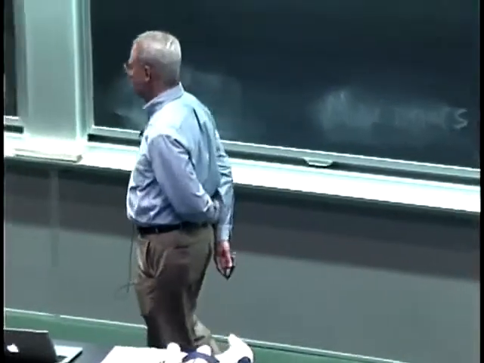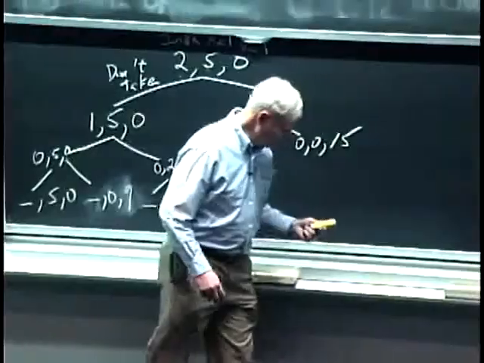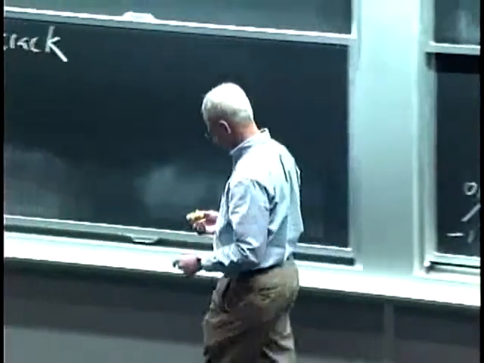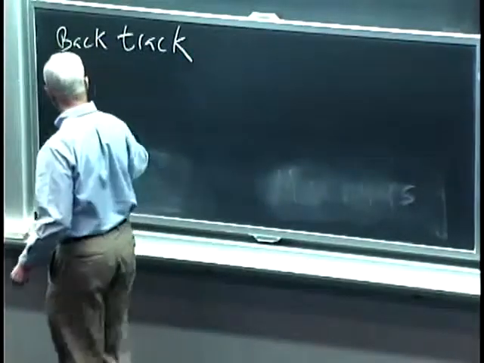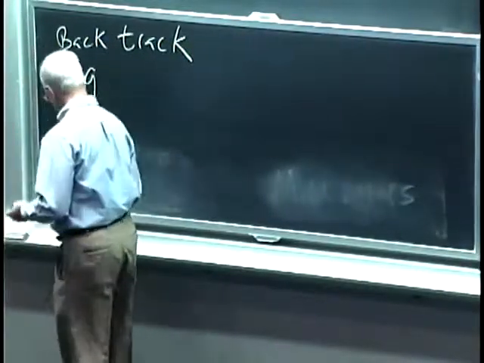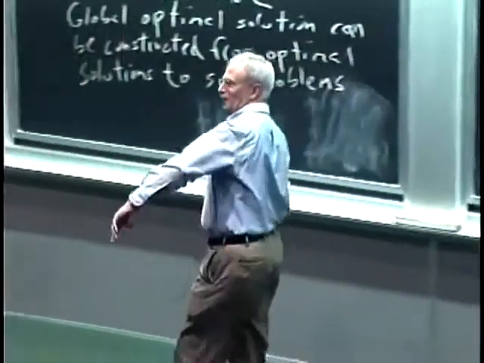Yes? 29. So we have the hypothesis that the answer should be 29. Ooh, that's bad. So as people in the back are answering these questions because they want to test my arm.